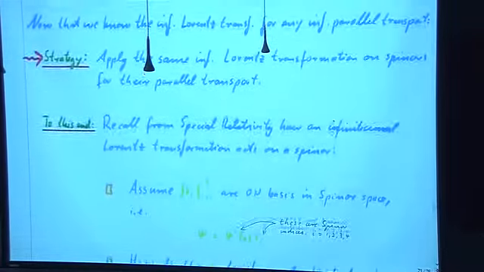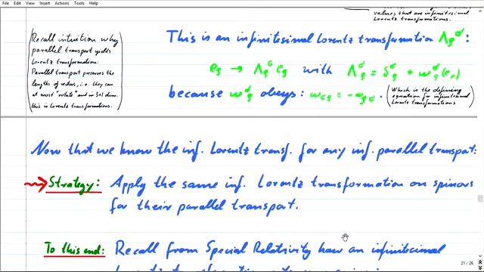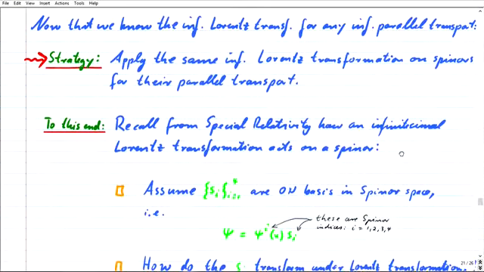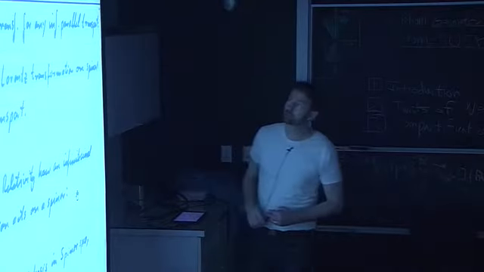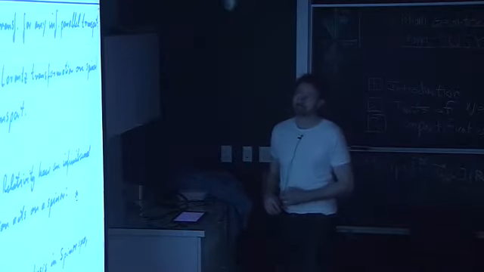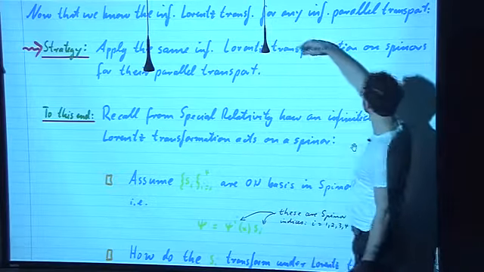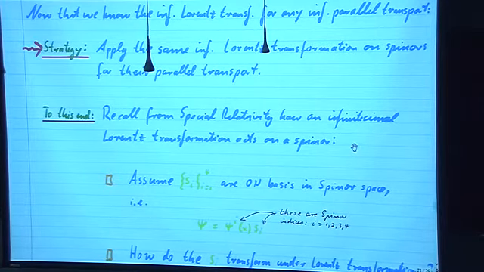I'm adding lots of comments here, but these are just extra comments in case you're interested. Okay, so now that we know the infinitesimal Lorentz transformation for any infinitesimal parallel transport, the strategy is that we apply that same infinitesimal Lorentz transformation on spinors for the parallel transport of a spinor.